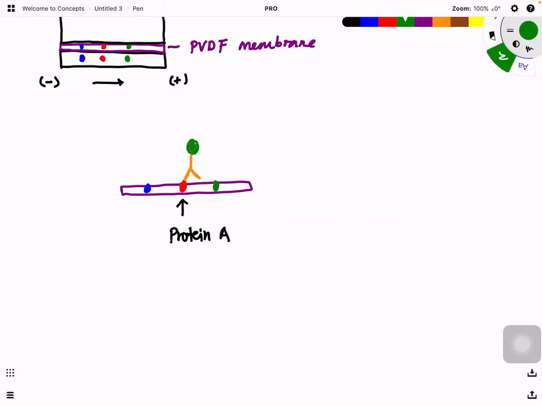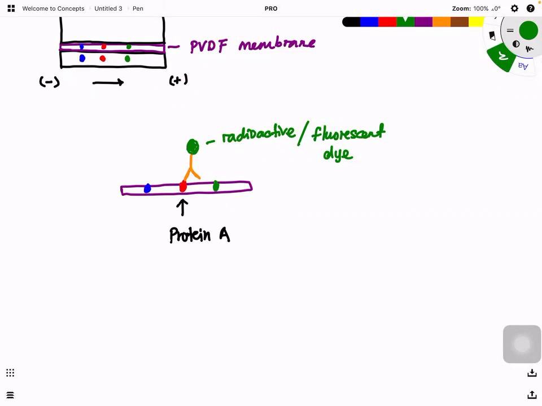It can carry radioactive substances or radioisotope, or it may carry a fluorescent dye. Can you see that? Okay, so then what we're going to do here is we wash away the unbound monoclonal antibody. We wash away any debris or anything.